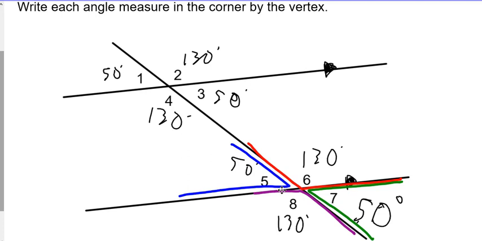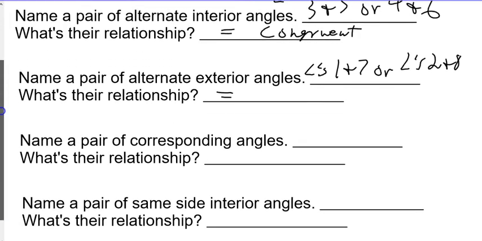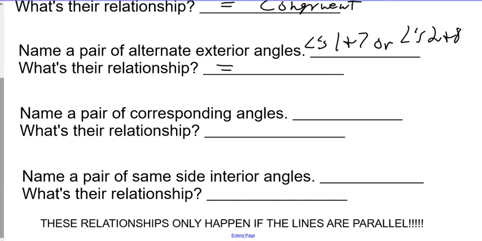So for corresponding, we're going to say 4 and 8, 2 and 6. We're not going to write all of them. So angles 4 and 8, or angles 2 and 6. And it goes on.